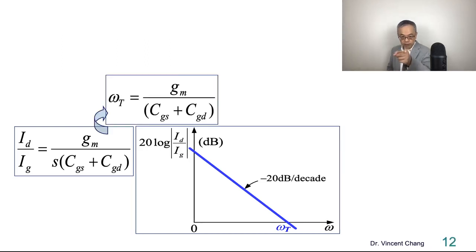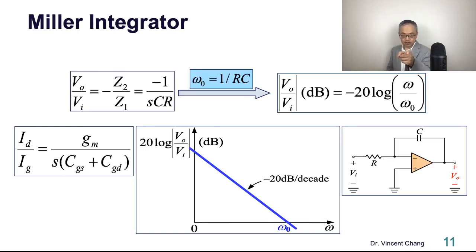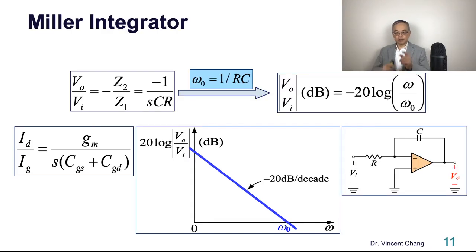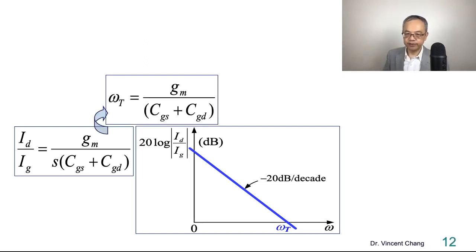And now what do you see changed? Let's go back. This is the integrator. This is the MOSFET. You see? So omega t now is the unit gain frequency for the MOSFET device. The previous is for the op-amp integrator, the Miller integrator, and this one is for the MOSFET itself, for a device.